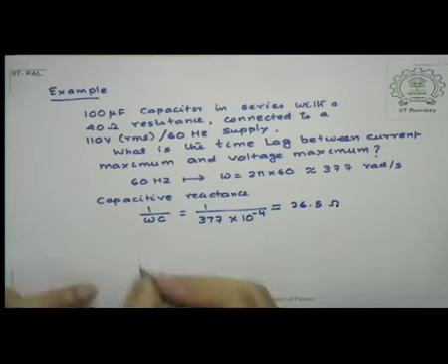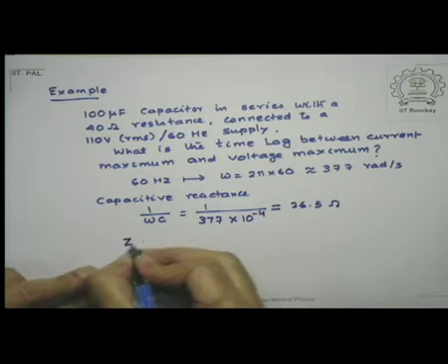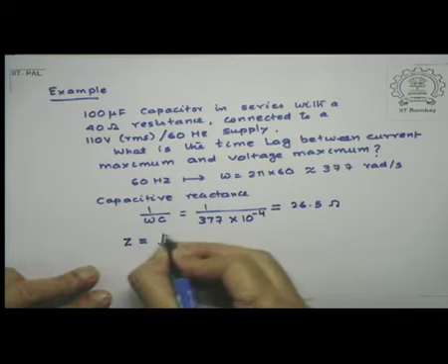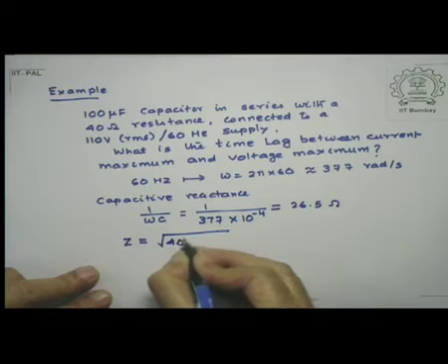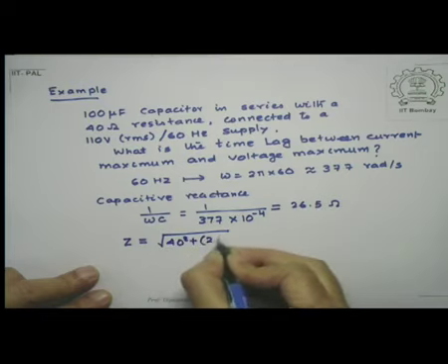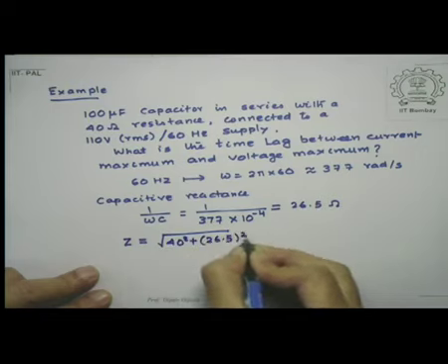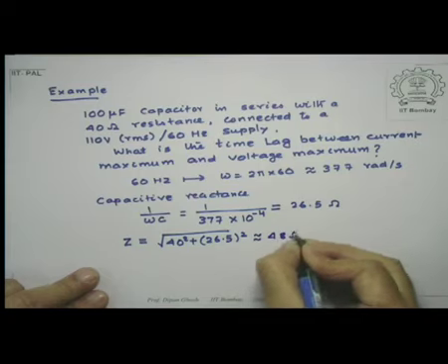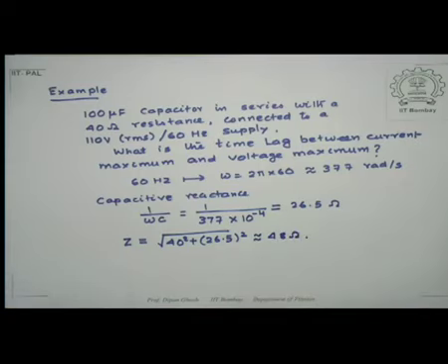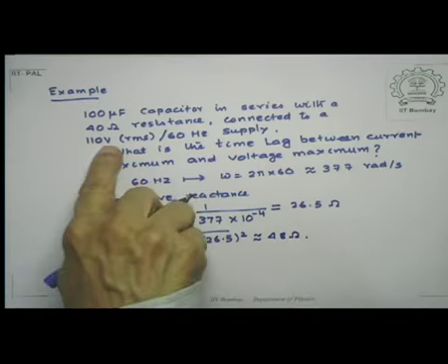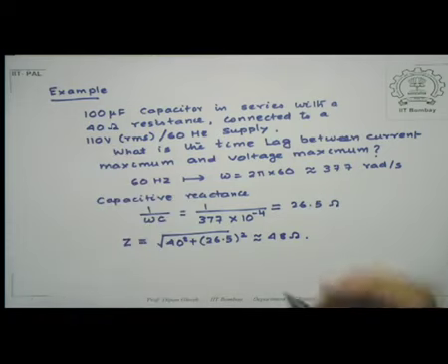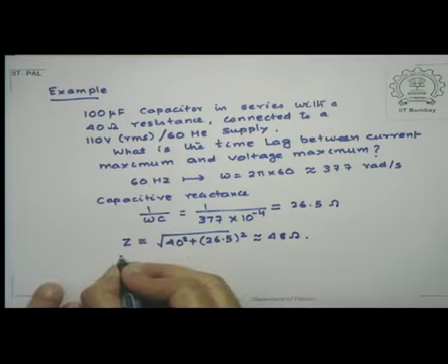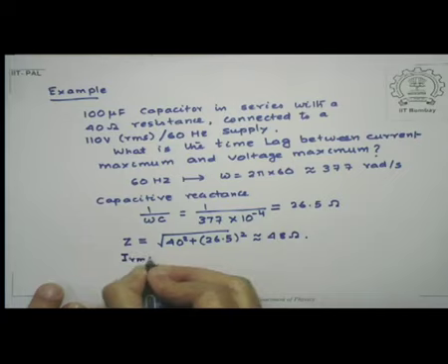I can immediately calculate the impedance of the circuit. Impedance of the circuit is obviously the square root of 40 square plus 26.5 whole square, and that if you calculate works out to approximately 48 ohms. Now I've given you the voltage in RMS, so I can immediately calculate the RMS current.